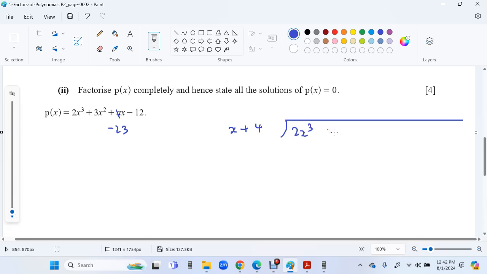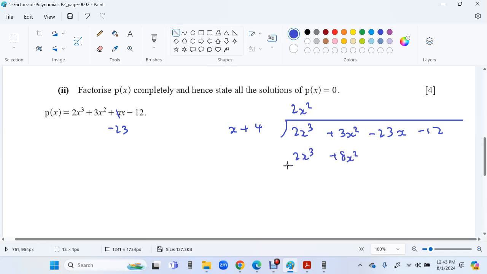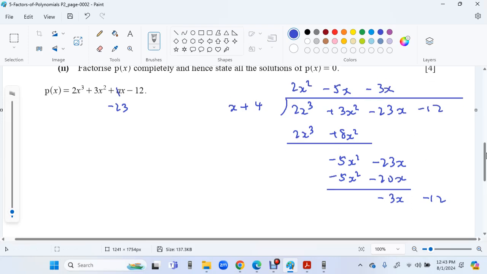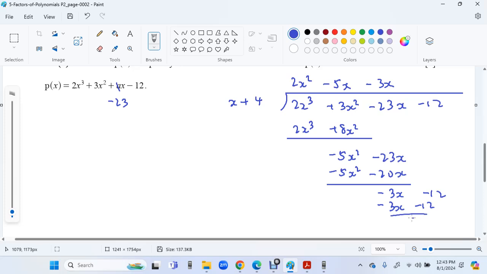So this is 2x cubed plus 3x squared minus 23x minus 12, then 2x squared, 2x cubed plus 8x squared, and then 3 minus 8 is -5x squared minus 23x, minus 5x squared minus 20x, and then negative 3x minus 12. So minus 3x, so it's -3x minus 12.